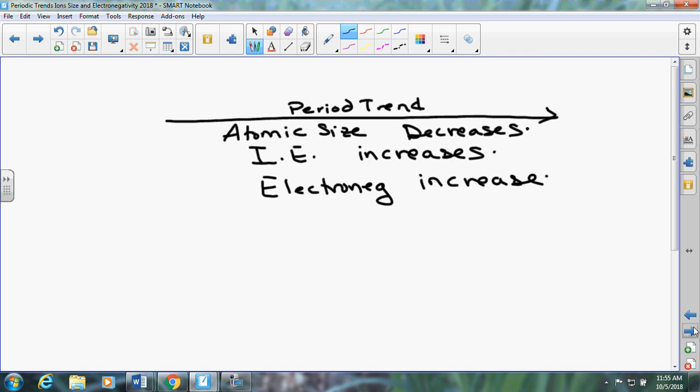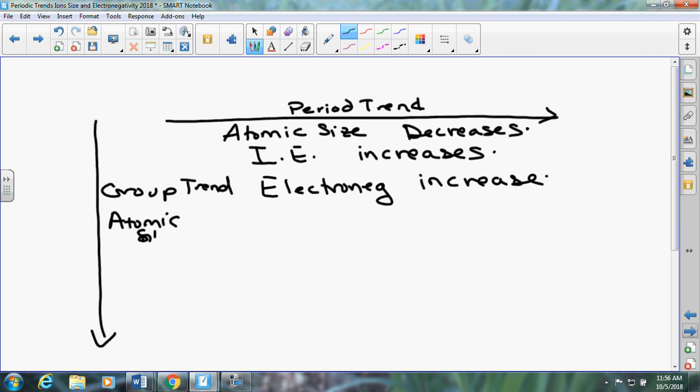Here is the group trend. Here we know atomic size increases. We know now we're dealing with extra energy levels, more energy levels are shielding. That means the ionization energy decreases.